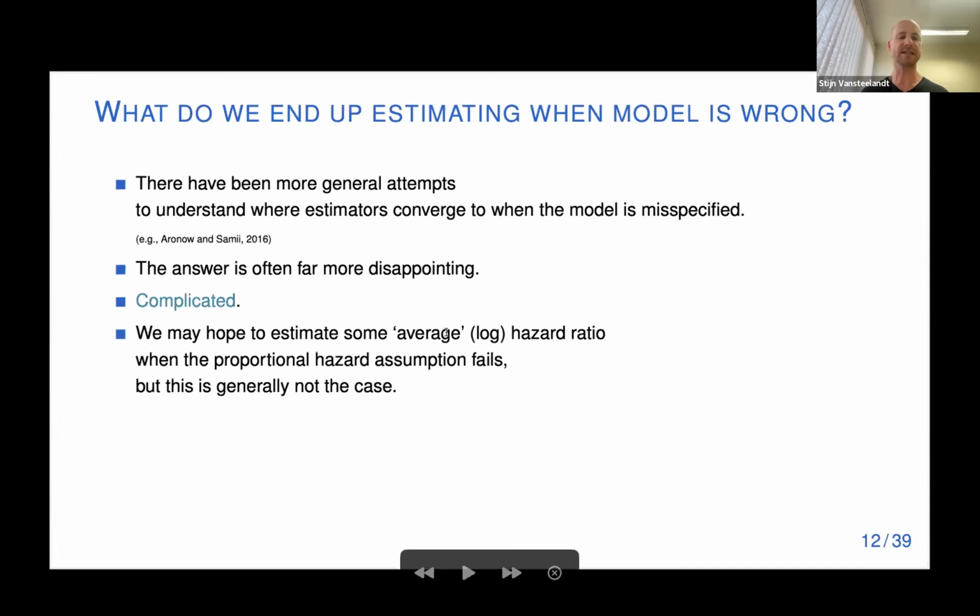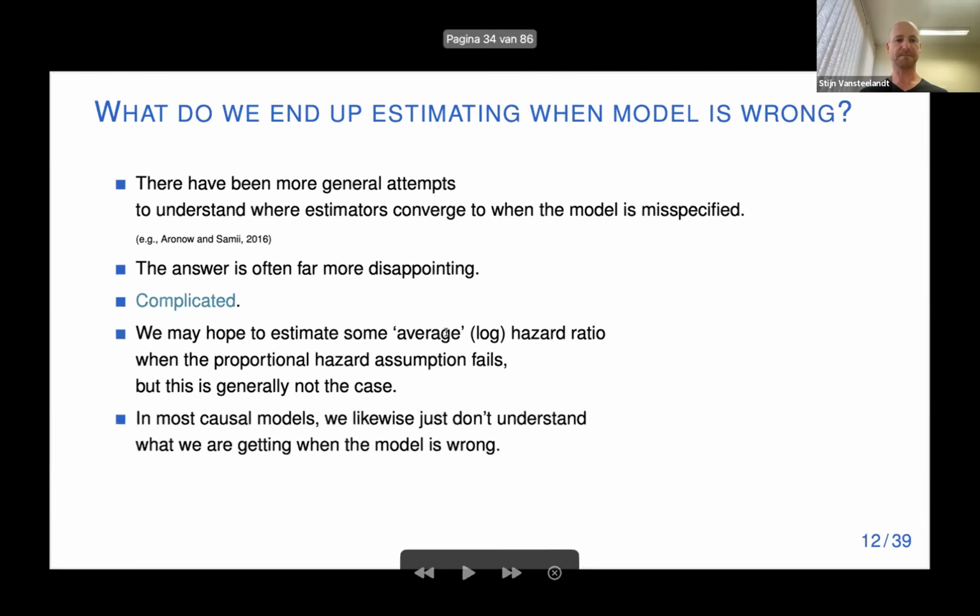In Cox regression, for instance, as statisticians we would often hope that we obtain some average log hazard ratio when, for instance, the proportional hazards assumption fails, but unfortunately, life is often not as simple as that. And the same in most causal models: I think we likewise don't understand what we're getting when the model is wrong. And so the work I'll talk about today is trying to deal with that issue.